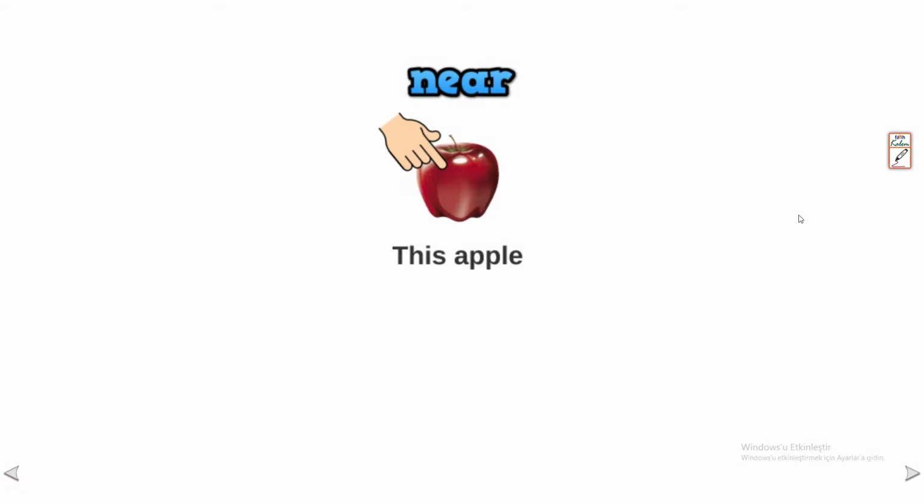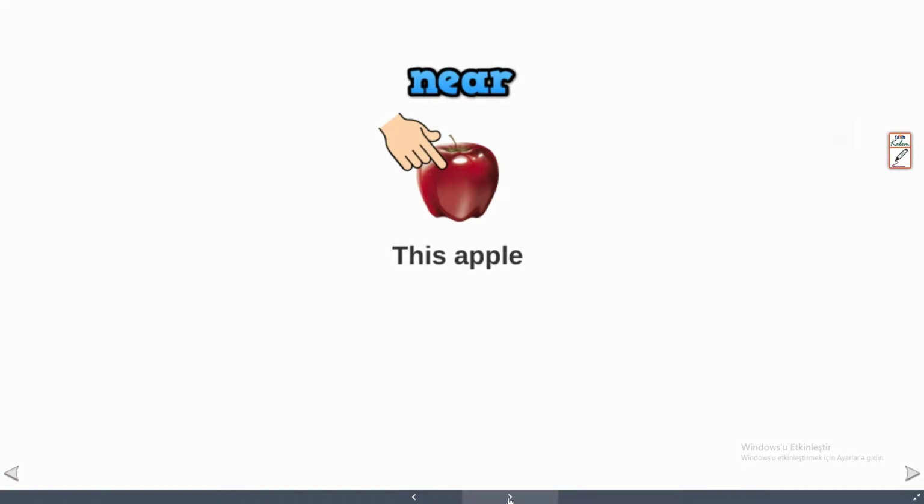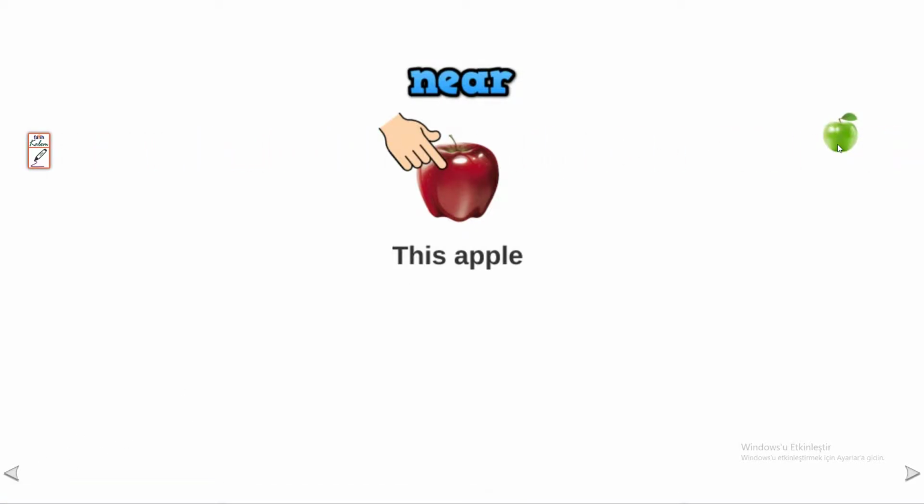Going on, you are seeing an apple, by the way. Is it near or far?